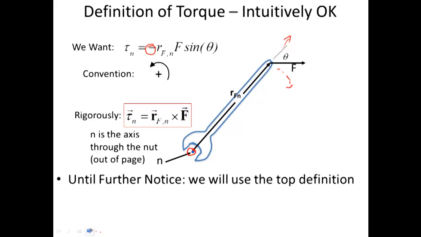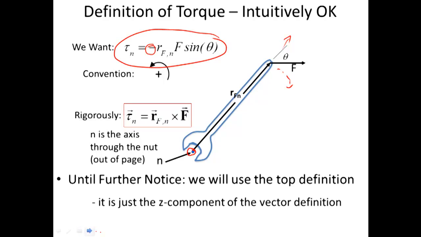From now on, we're going to be using the top definition, because we're going to be working in two-dimensional systems, and we can keep in the back of our minds that it's just the z component of the proper, rigorous vector definition.